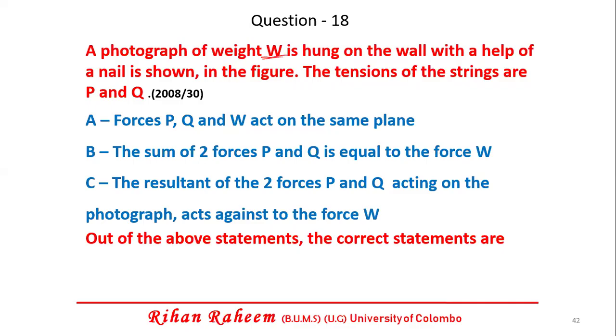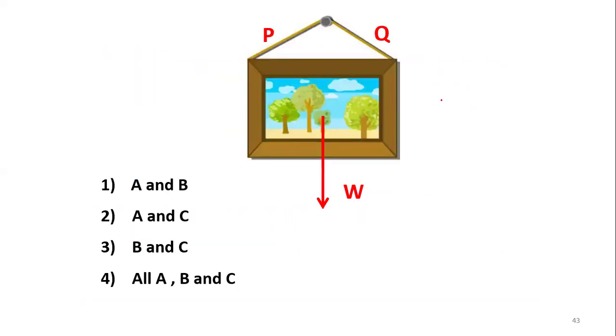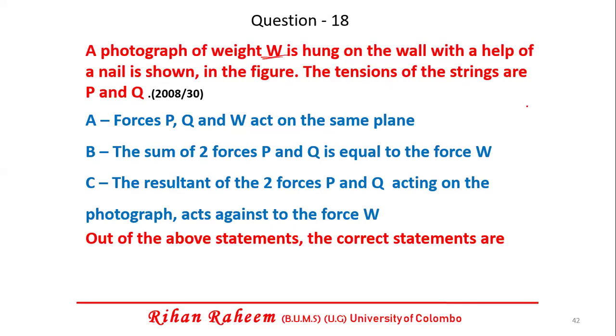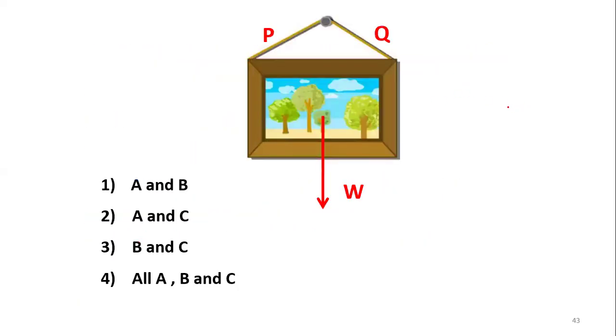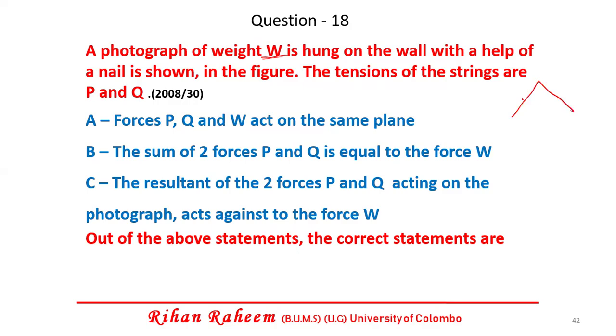Yes, the photograph of weight W is hung on the wall with the help of a nail, as shown in the figure. The tensions of the strings are P and Q. The figure is not given, no? Here may be the figure. P, Q and the weight of the object W. Forces P, Q, W act on the same plane. I told you in our syllabus, all these are in the same plane, coplanar.